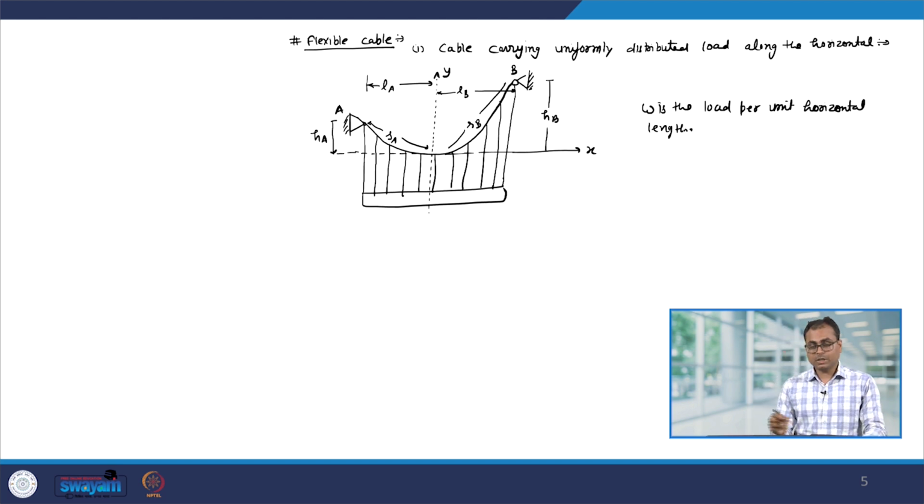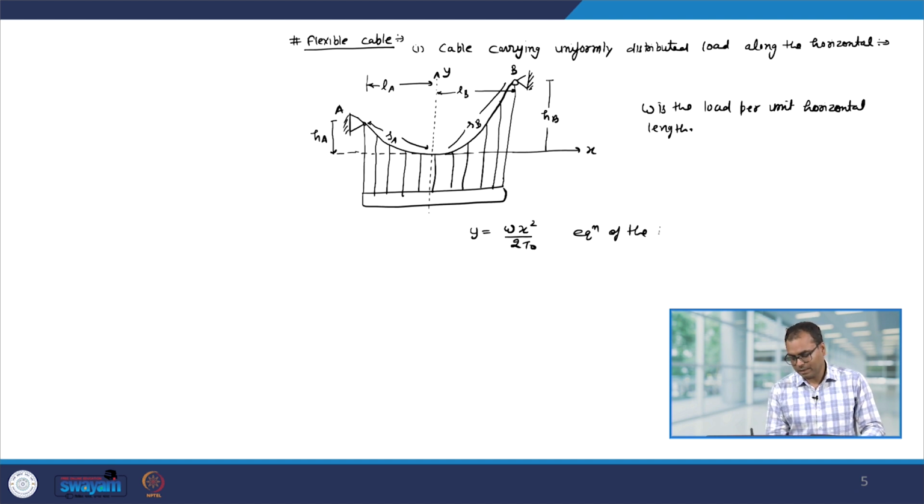Then the equation of the cable was y equal to W x square over 2 T naught, which is the equation of a parabola.